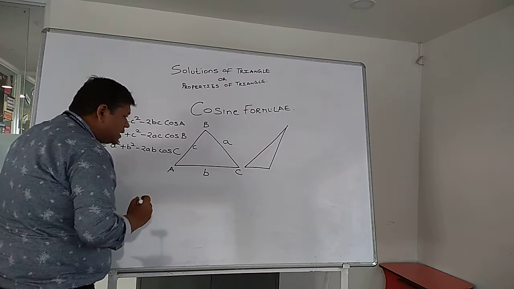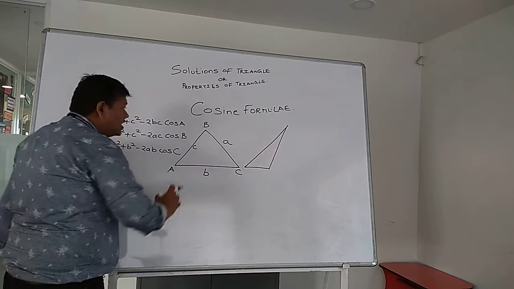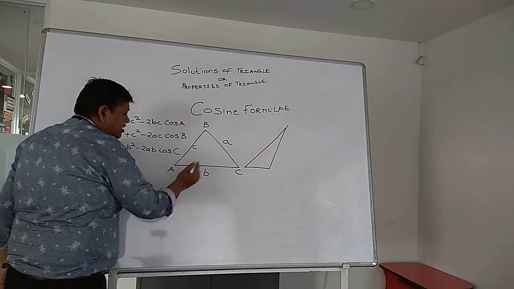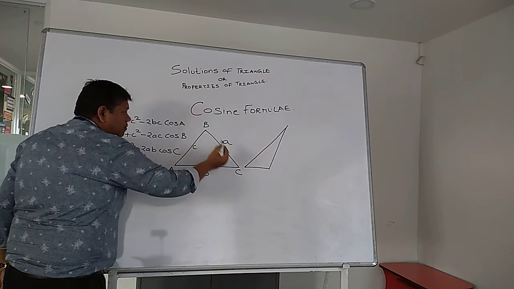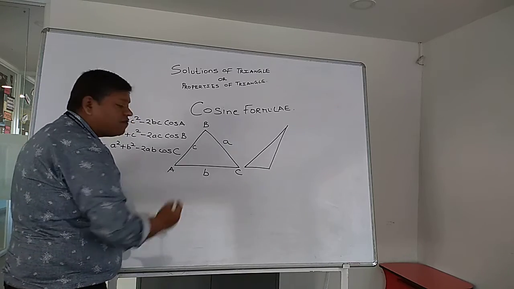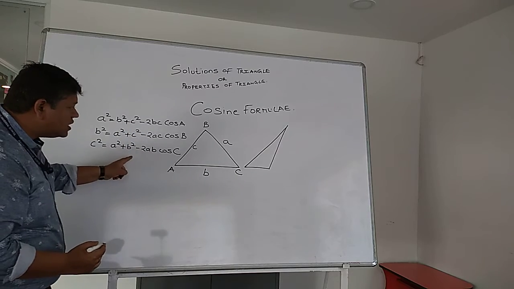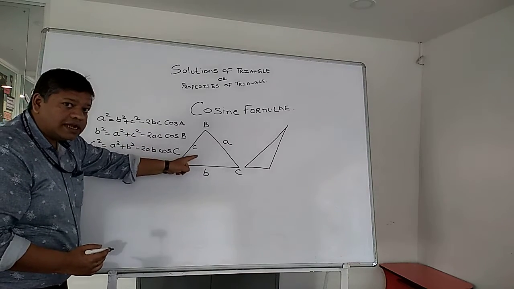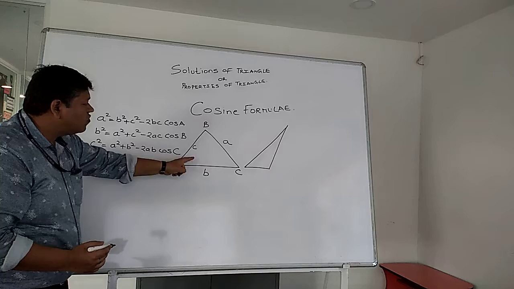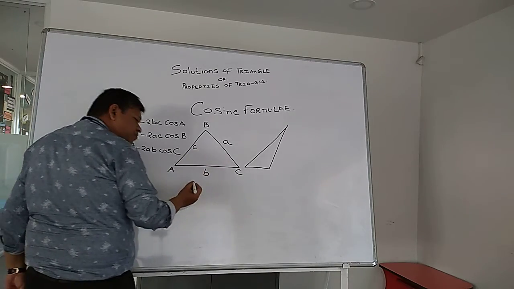I have three sides named a, b and c, while the triangle has three angles, angle A, angle B and angle C. All of the six parameters are forming a triangle. Now I will be deriving the cosine formula for this particular triangle, the acute angle triangle. Please see to it.